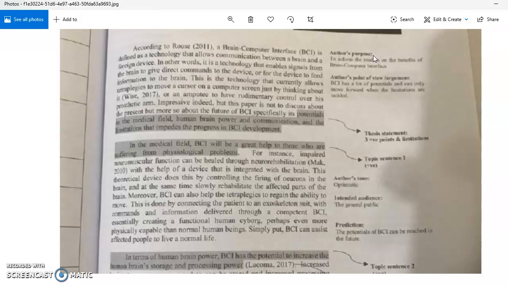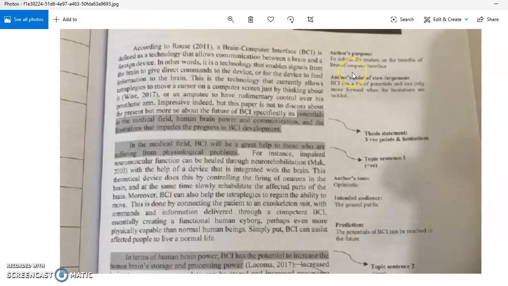The second one is the author's point of view, or what is the author's argument. There is no way for you to highlight because it is everything in the whole essay. So you cannot highlight. You just put the elaboration here, at the side of your essay.